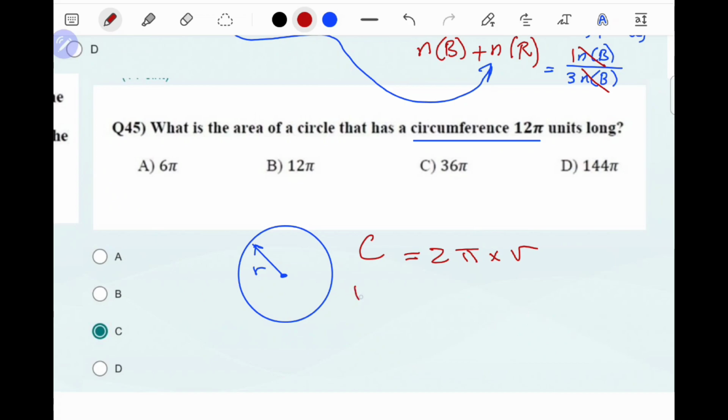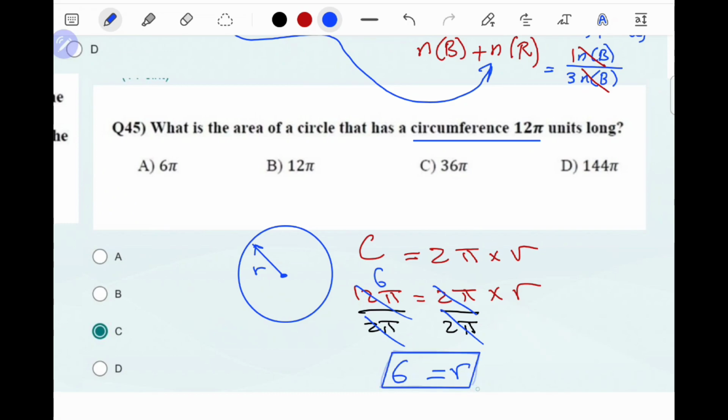So if the circumference is 12 pi, this is equal to 2 pi times r. So you can just divide both sides by 2 pi, and these cancel out, and this is equal to 6. So in this case, 6 is equal to the radius.